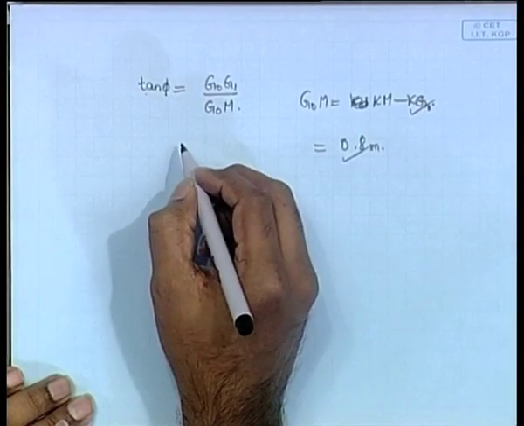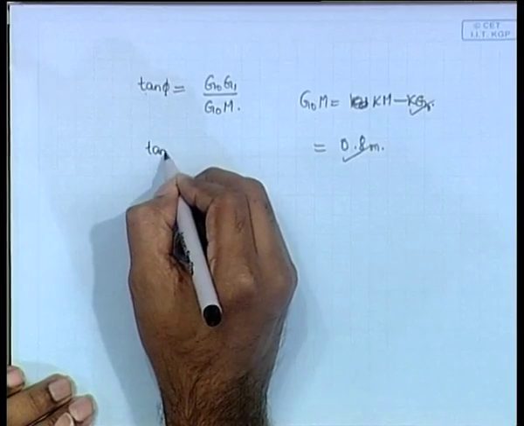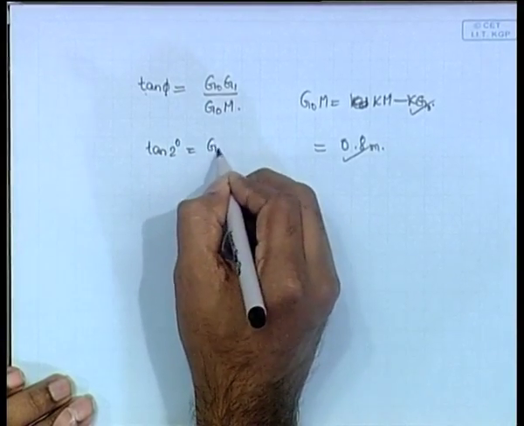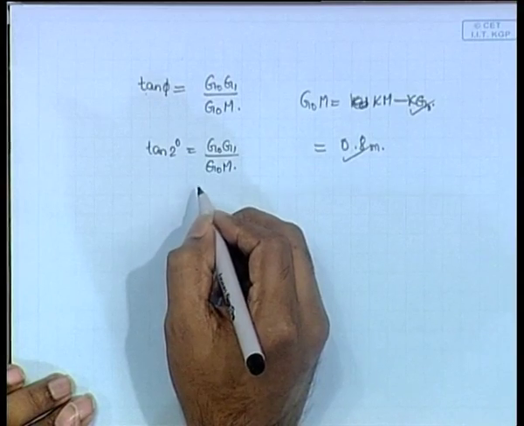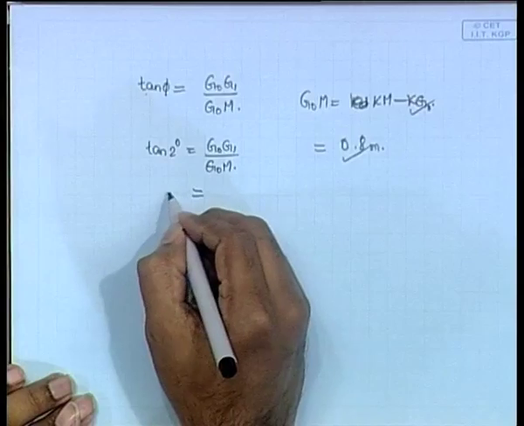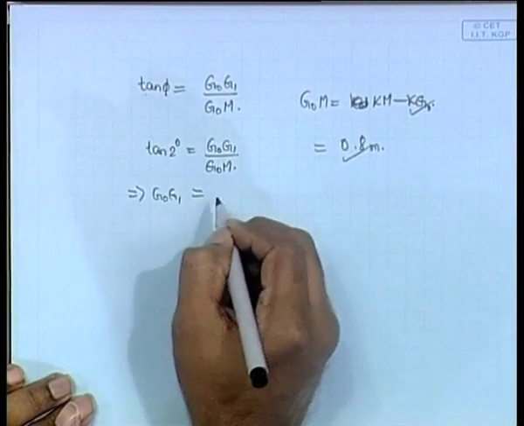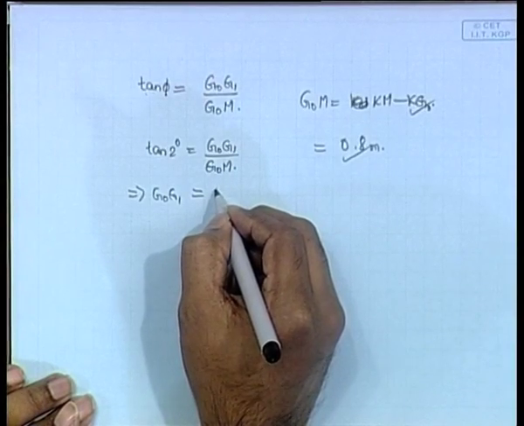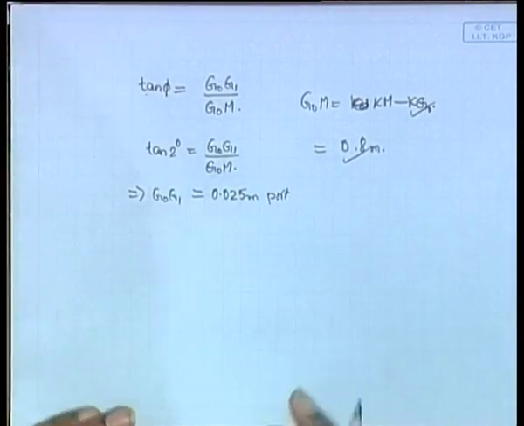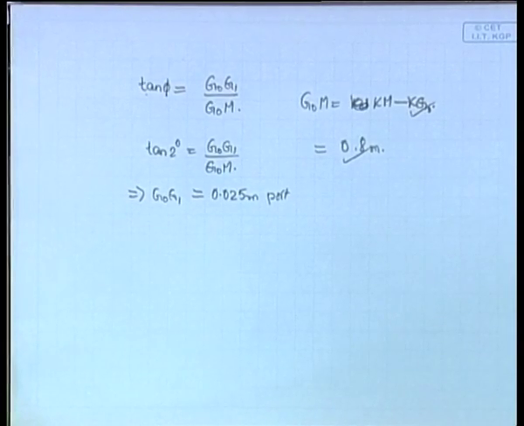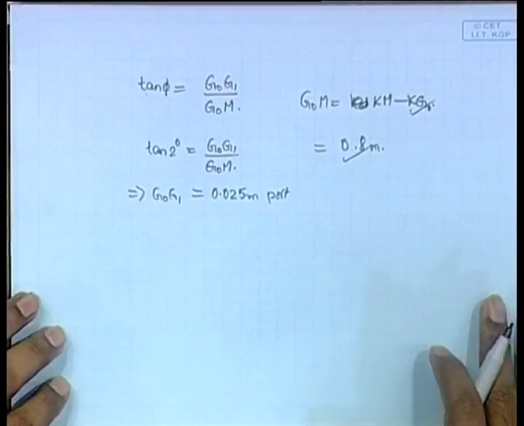So, tan of 2 degrees is equal to G0G1 by G0M, and this will imply that G0G1 is equal to some 0.025 or something meter port. That means, the value of G initially is at a distance of so much meter to the port side. It is not on the center line, it is heeled like this, G is a little distance away from the center line. Okay. This is your initial condition.